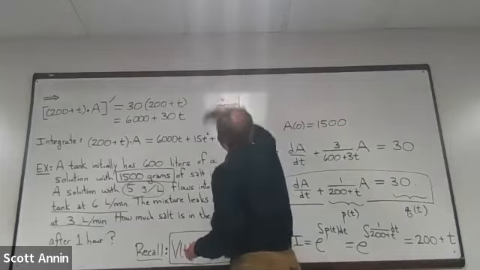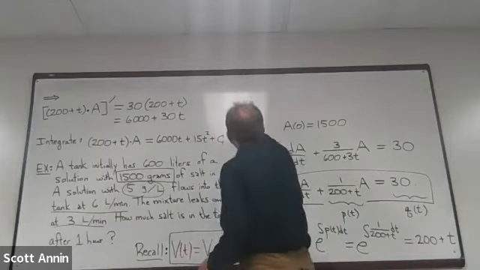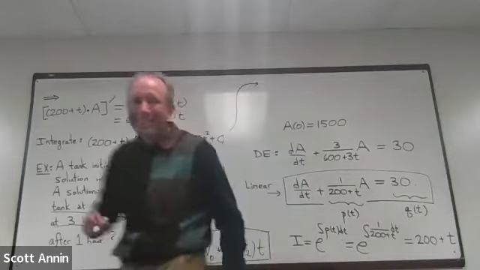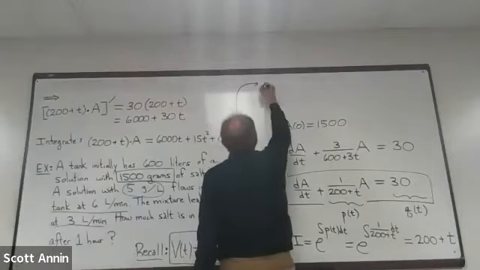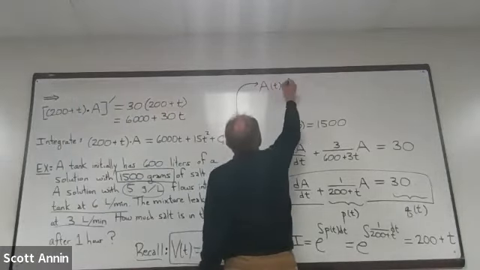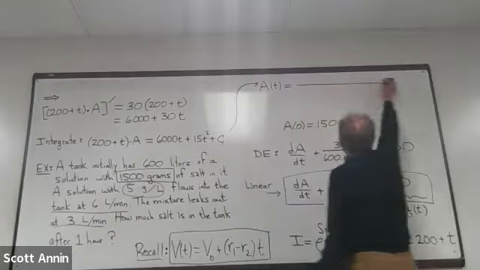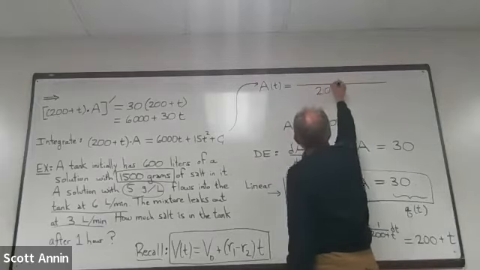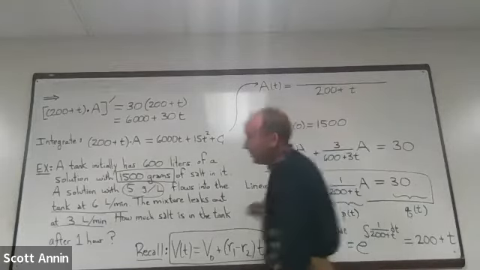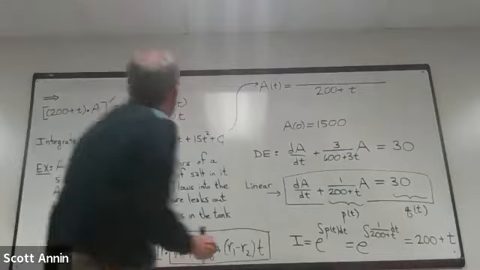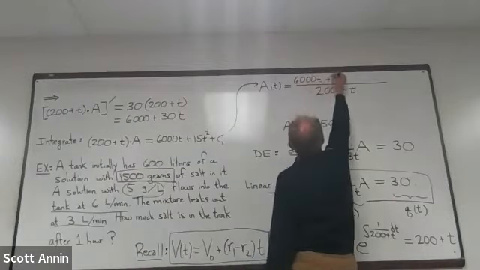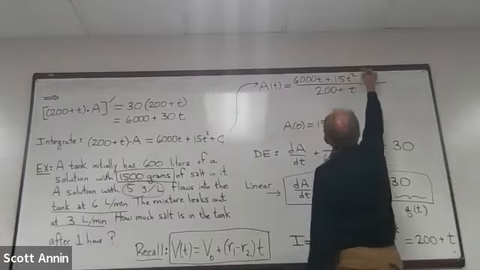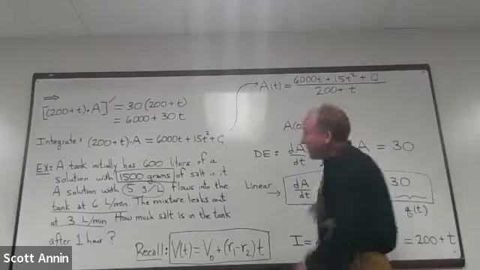Okay, I'm going to erase a little bit here. Come back up to the very top to wrap this up. When I solve for A, I just simply have to now divide by the integrating factor, which was 200 plus t. And the rest of the numerator is just what we had before, 6,000t plus 15t squared plus c.